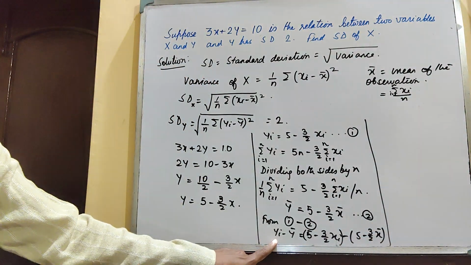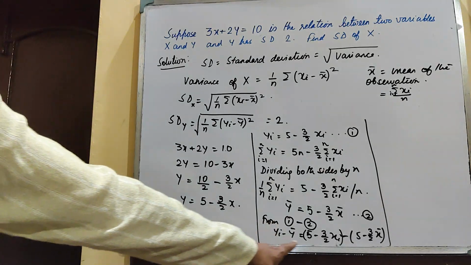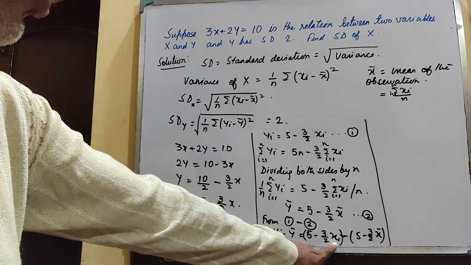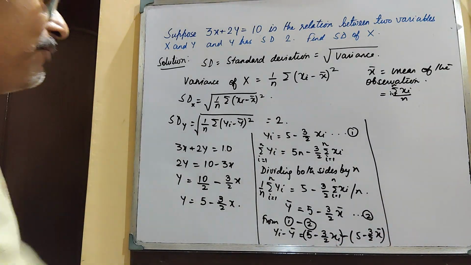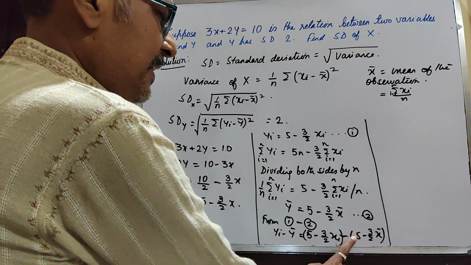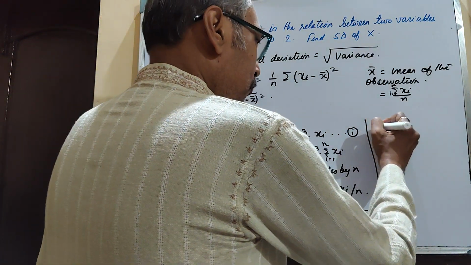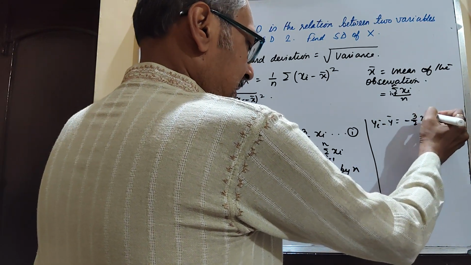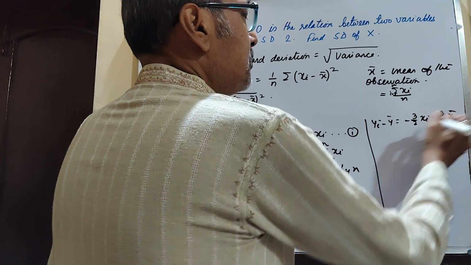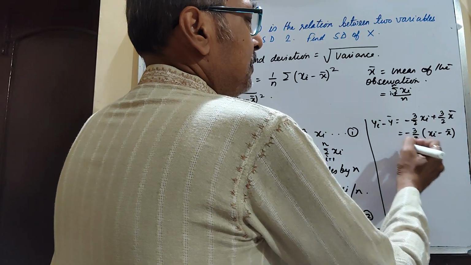We substitute the values of yi as 5 minus 3 by 2 xi and y bar as 5 minus 3 by 2 x bar. Now this 5 has a plus sign and this 5 has a minus sign, therefore the 5 gets cancelled. Therefore, yi minus y bar equals minus 3 by 2 xi plus 3 by 2 x bar. This becomes minus 3 by 2 (xi minus x bar).